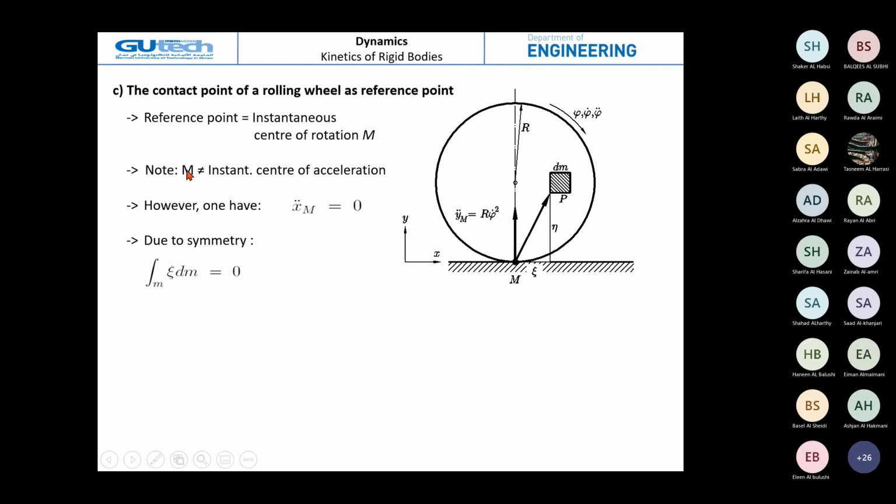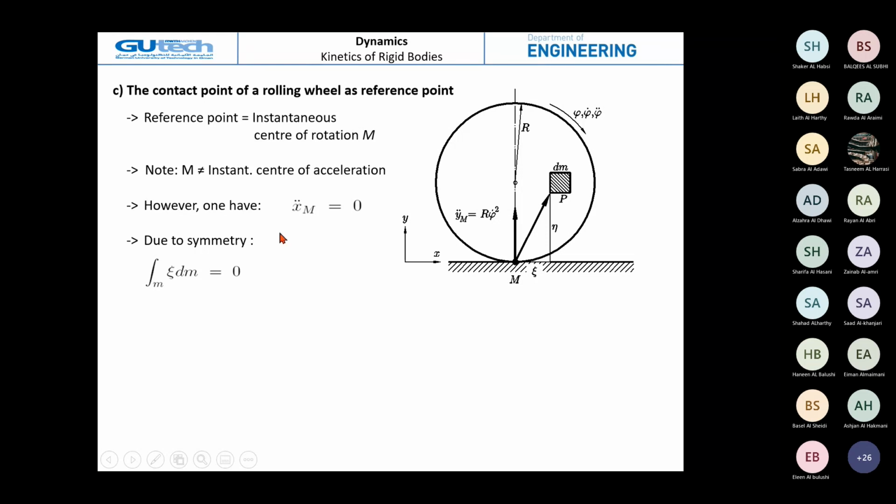We note that M is different from the instantaneous center of acceleration. If you remember, we said the contact between the two, here the wheel and the ground, will be the instantaneous center of rotation and not of acceleration.